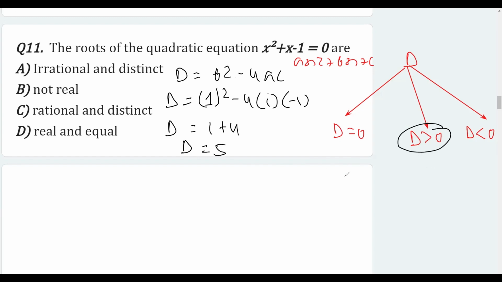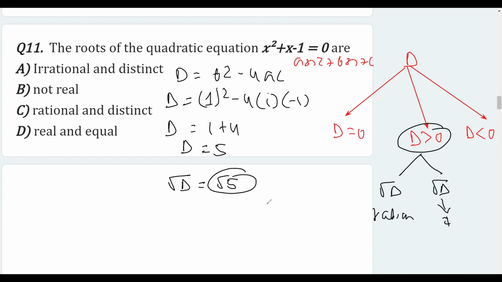Now, how do we determine which should be correct? You can figure out that if root D is rational, then we say it's rational and distinct. And if root D is irrational, then it is irrational and distinct. For example, we got root D equal to root 5, which is irrational.